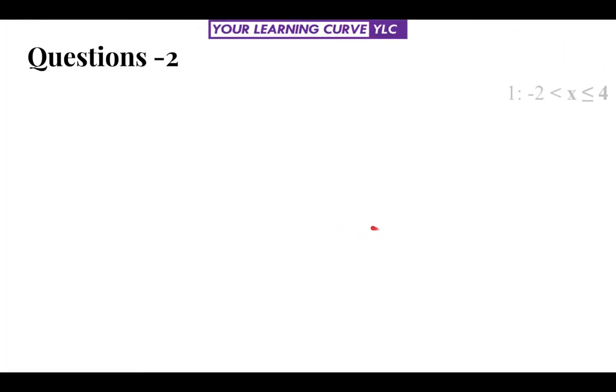Now if we have to draw minus 2 is less than x is less than or equal to 4, here 4 is included but minus 2 is excluded. So what we do, we use an open bracket over minus 2 to show that this number is not included, and we use a closed bracket over 4 to show that this endpoint is included.